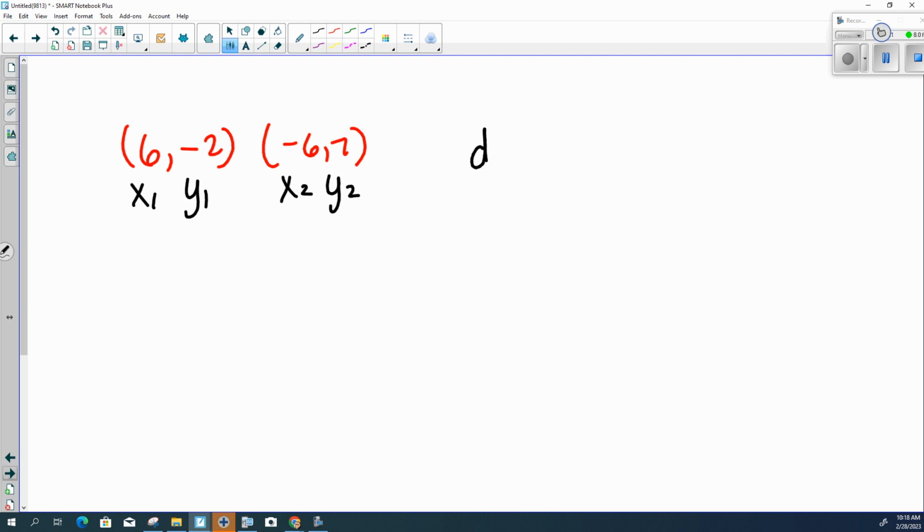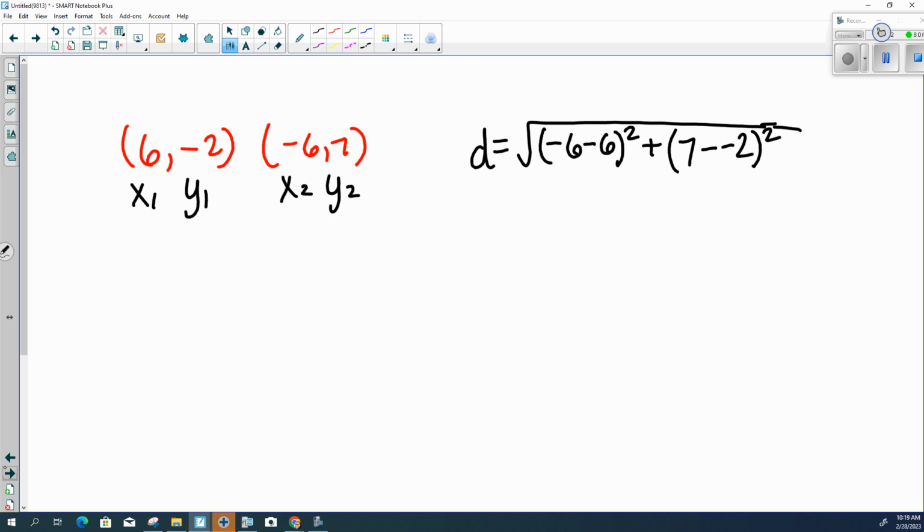Okay, so the distance is big, huge square root. It's open parentheses, x2 minus x1, negative 6 minus 6. y2 minus y1. If that bugs you, change it to a plus. Your calculator does not care.